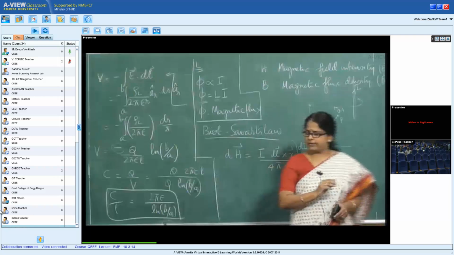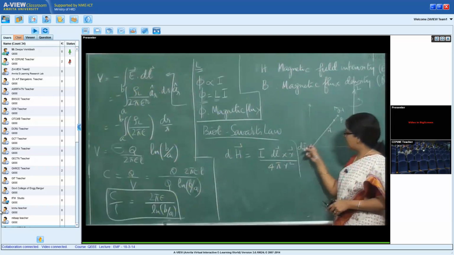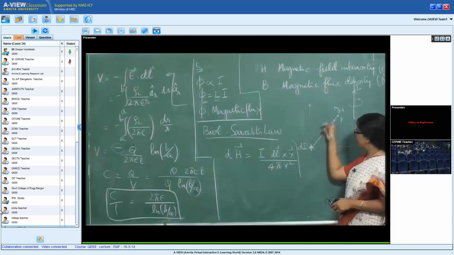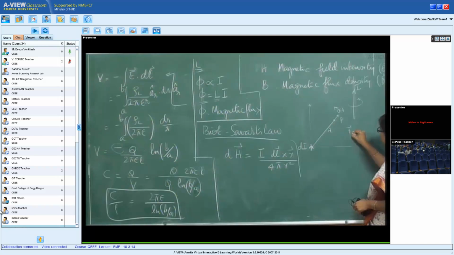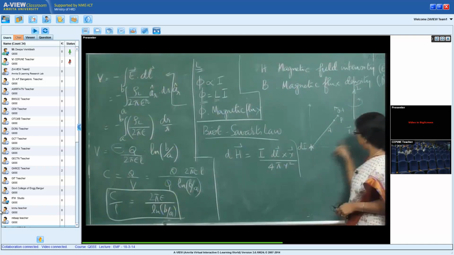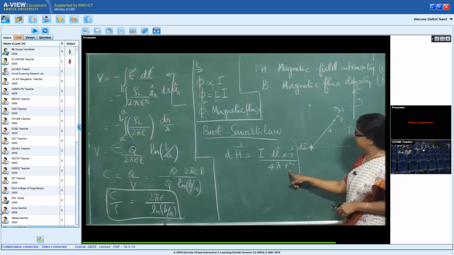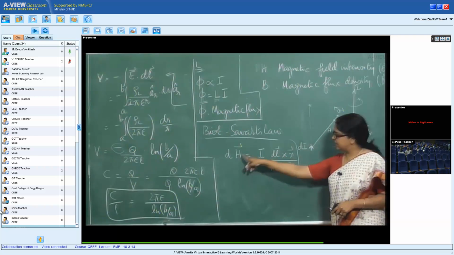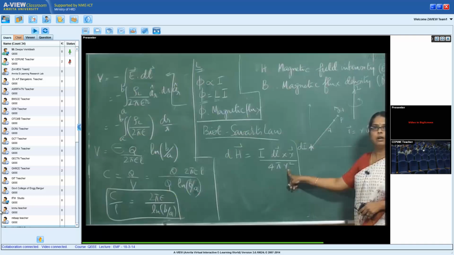Now, in fact, if I look at the magnitude, this r also has magnitude r and direction a_r. So if I split it, I will actually have one r less in the denominator because this would cancel out. So H is actually inversely proportional to not r square, but r.